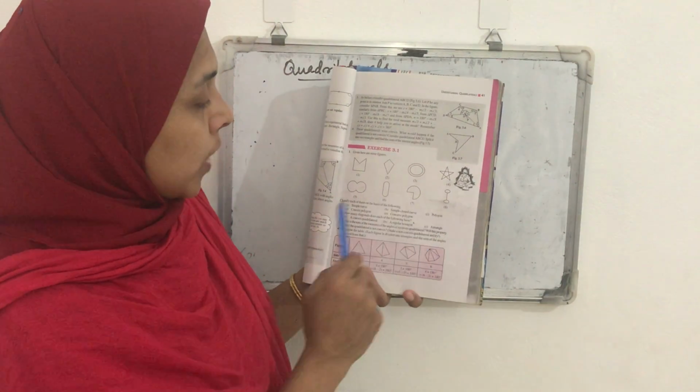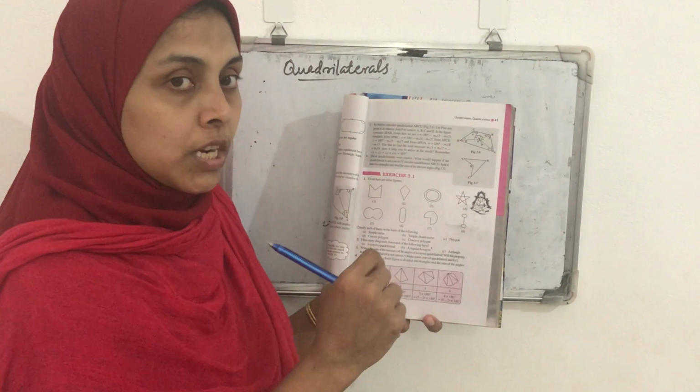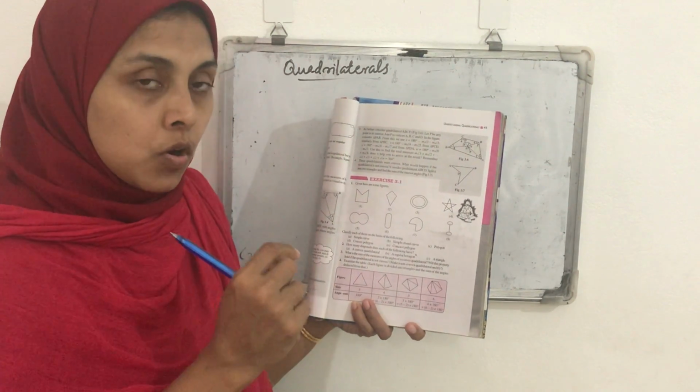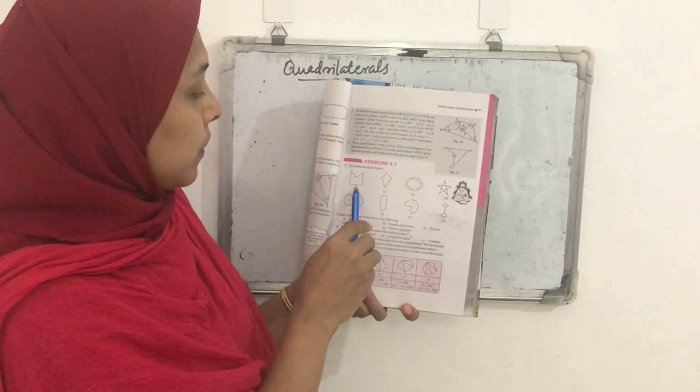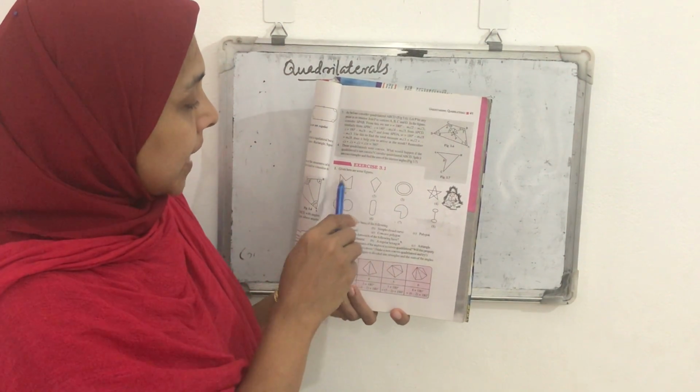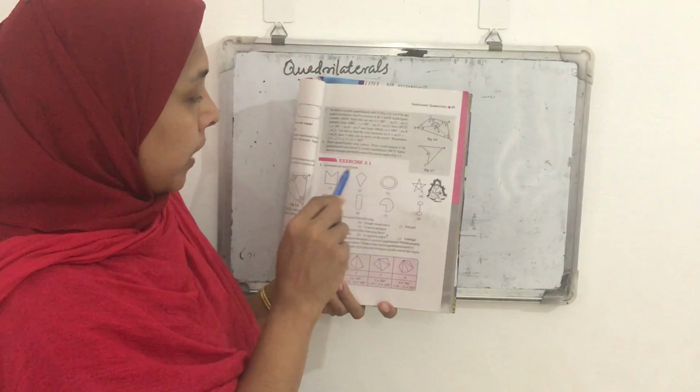Next, C is polygon. Out of these figures, which are polygons? Polygons, we know, are simple closed curves made up of only line segments. What about the first one? All are line segments, and it is also simple closed, so it is a polygon.